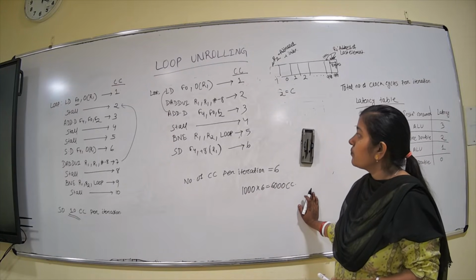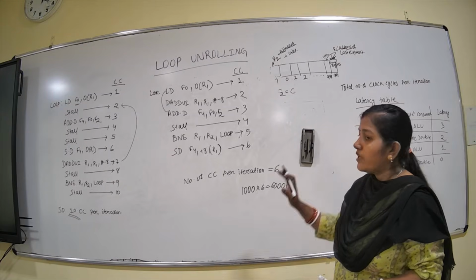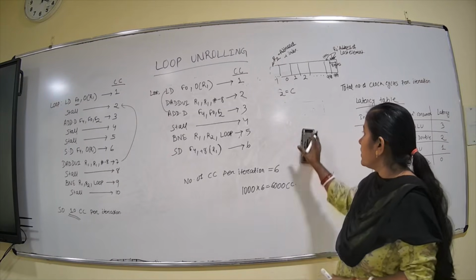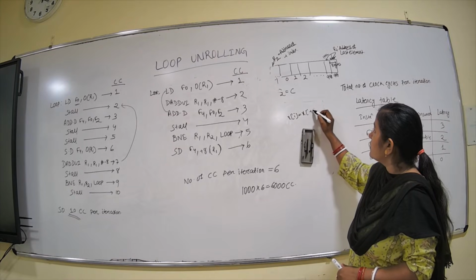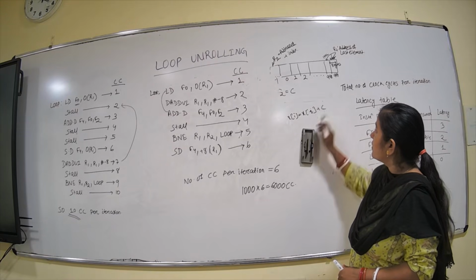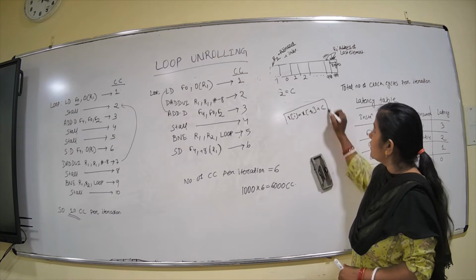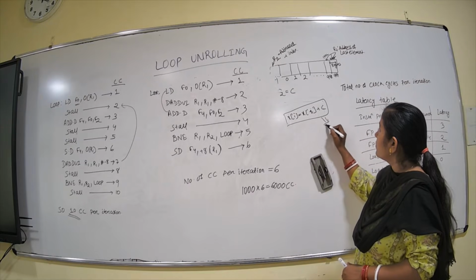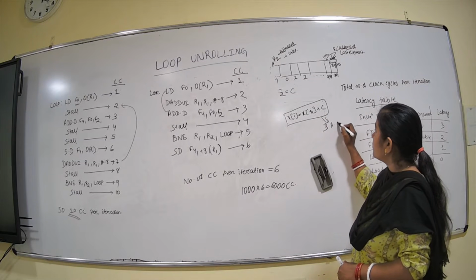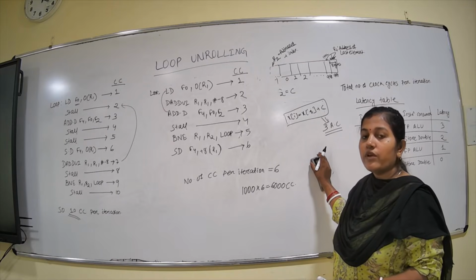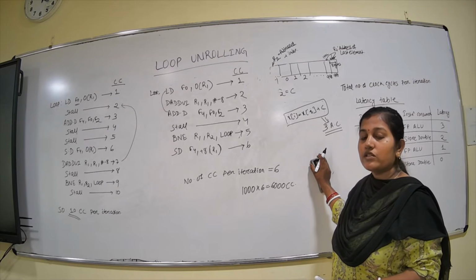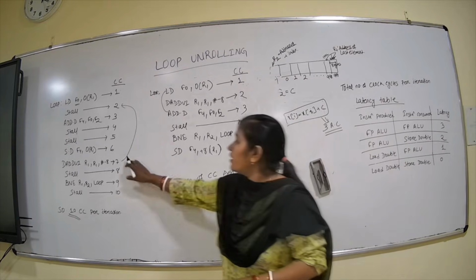Now the question is, the element x[i] = x[i] + c. For this there are only 3 assembly instructions. That means for the iteration we are getting 3, and there are other instructions for the DADDUI and branch.